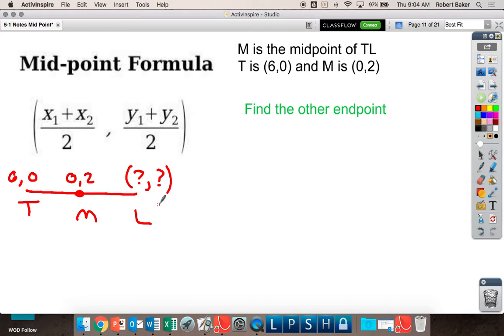So the math way. You use the midpoint formula. But we're going to do it a different way. So in the midpoint formula, this chunk is for x's, this chunk is for y's. I have an x coordinate, 6 plus some other endpoint divided by 2 equals the x value of my midpoint.